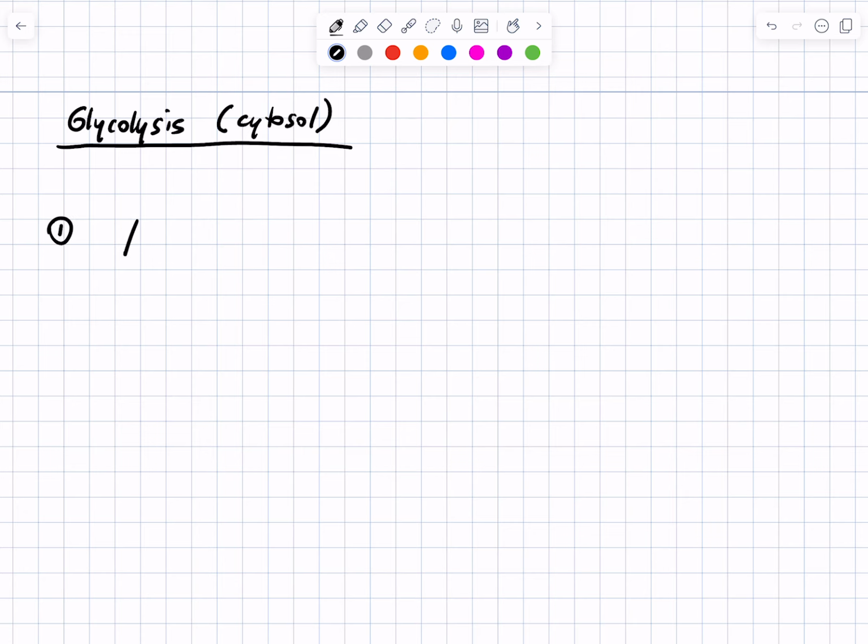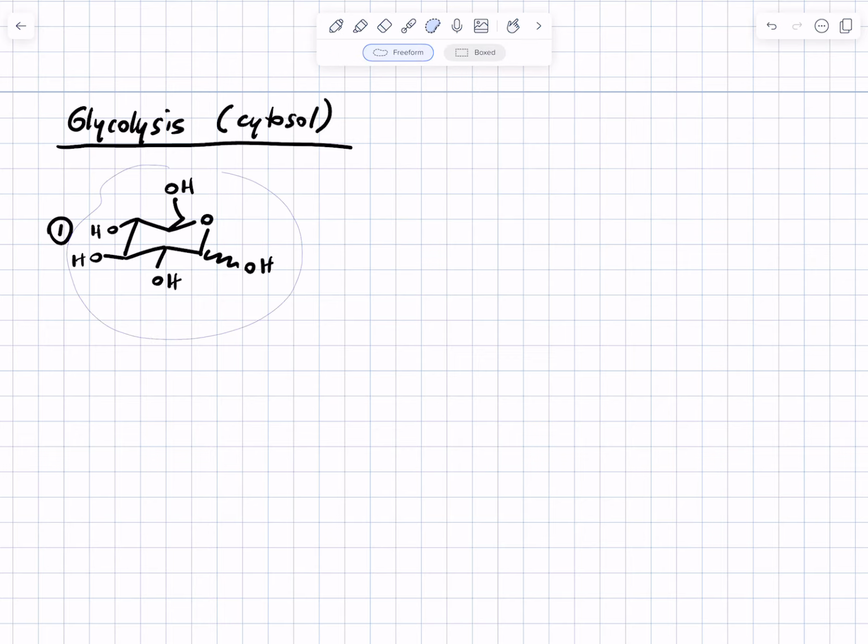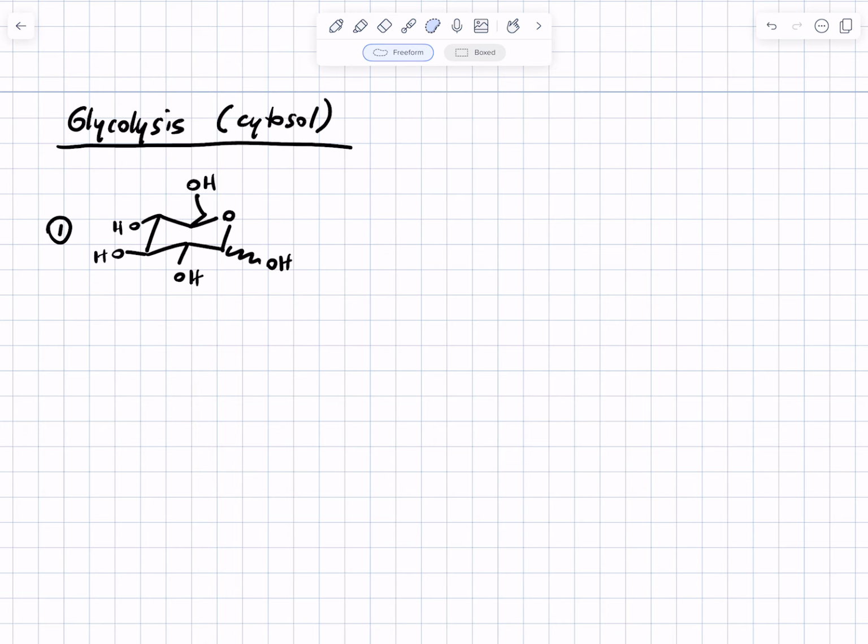So in the first step, we start with glucose, and I'm just using a squiggly line to indicate that we're not really caring whether we get alpha or beta anomers. Start with glucose. Oops, wanted to move that over a little bit. Should have quit while I was ahead.